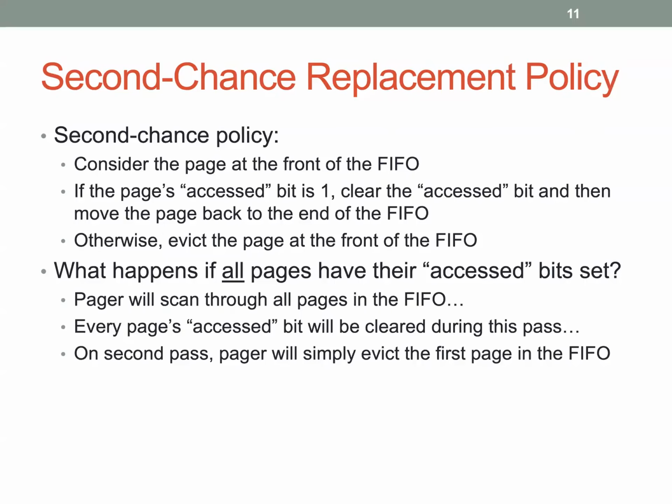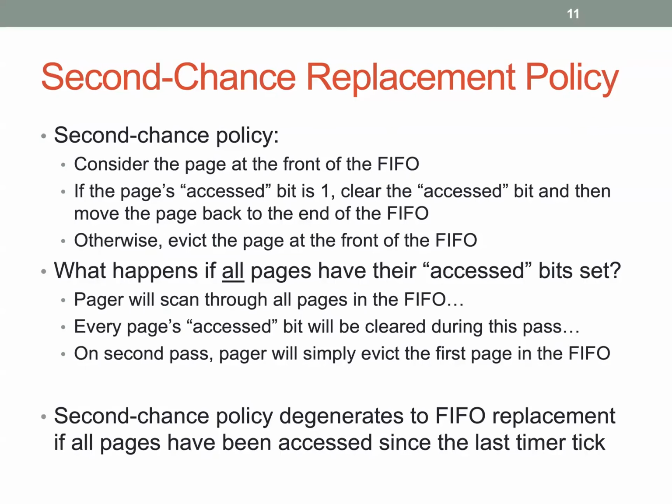Well, that's fine, second chance in that scenario reverts to the behavior of FIFO, which isn't great, but that's what it does. Okay, so it's pretty simple enough, and not so bad. Second chance is a nice little tweak to an otherwise naive approach that makes it a little bit more capable and a little bit more sophisticated.